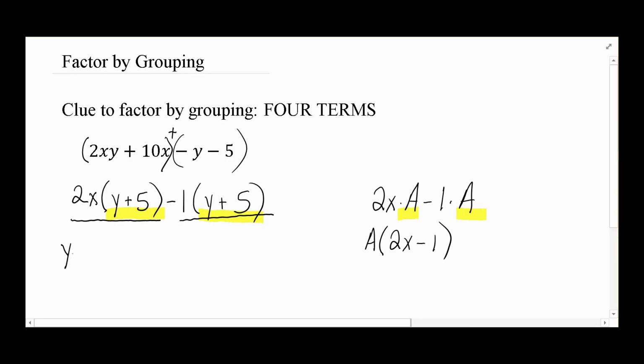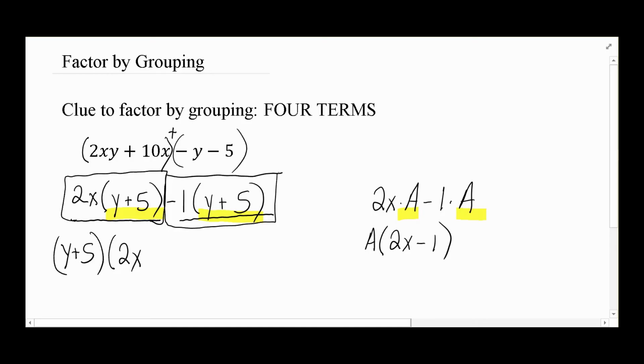So we're going to bring that y plus 5 out in front, just like we brought the a out in front in the simple problem. Now once I've factored a y plus 5 out of this first term, what's left? Just the 2x. When I factor the y plus 5 out of the second term, what's left? Just the negative 1. And so that's how we factor by grouping.